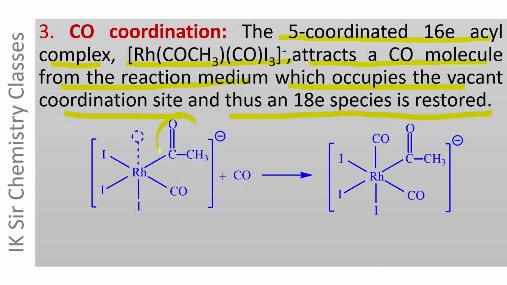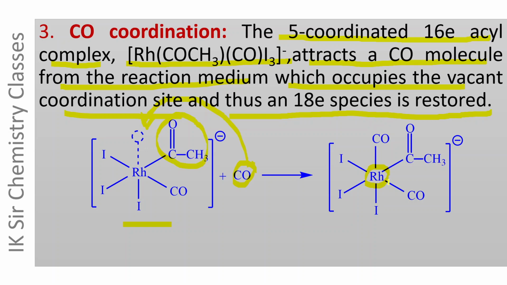This is acyl group, acetyl group in particular, and this 5 coordinated electronically and coordinatively unsaturated intermediate attracts a CO molecule from the reaction medium to the vacant coordination site, to which CO molecule gets attached to Rh3+ ion, regenerating the 18 electron species, which is electronically as well as coordinatively saturated.